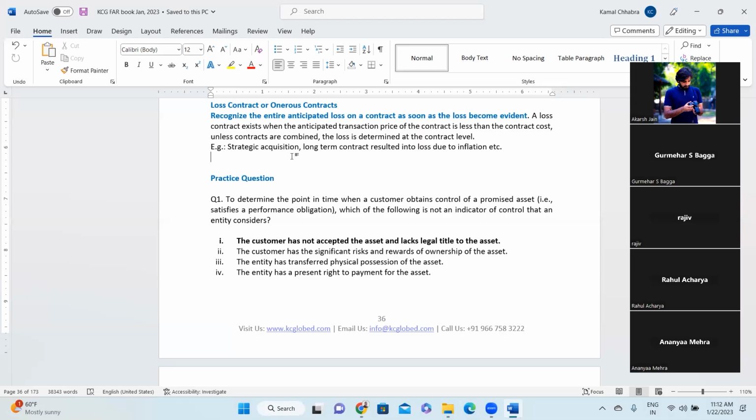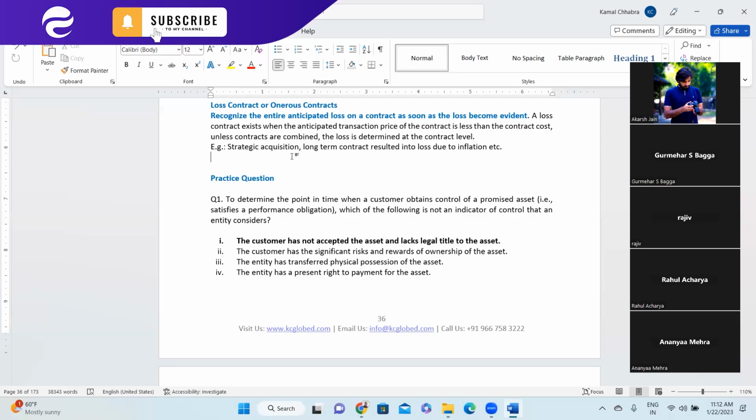Another example: back in 2017, when I moved to the US, we won the General Motors audit engagement. That was at around a 25% loss. But having General Motors on board in the US in itself says that you have approximately 40% market share of automobiles, right?